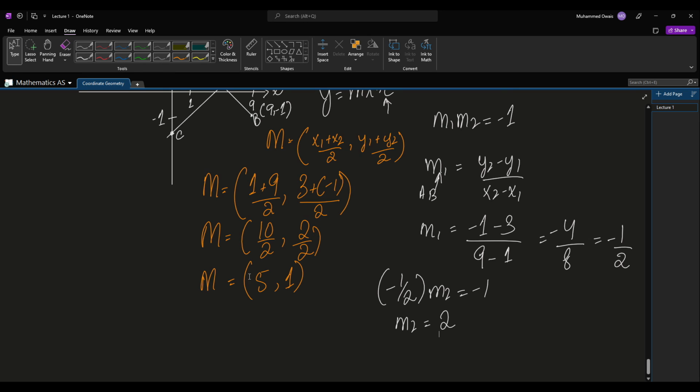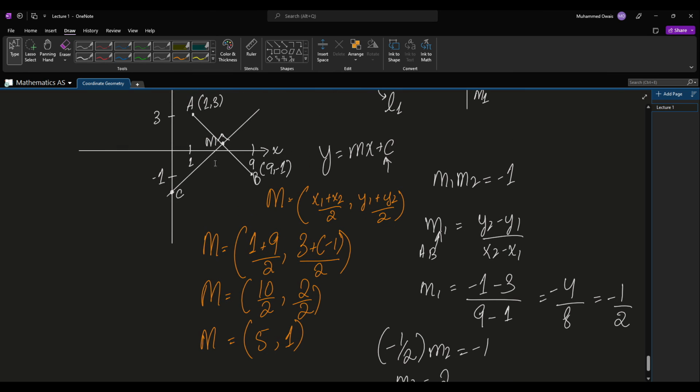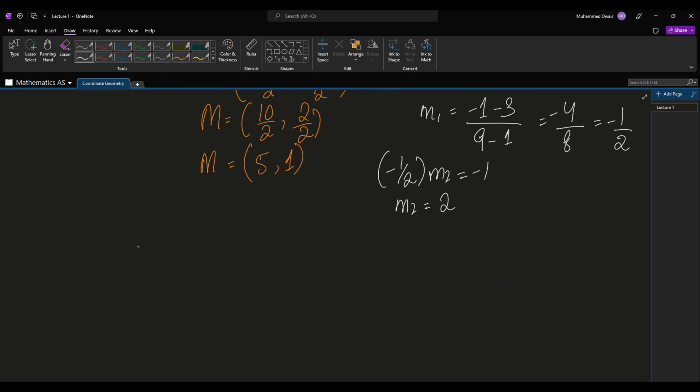Now we have a single coordinate and the gradient of the perpendicular bisector line. Now we can use this to find the equation of the line. So y is equal to mx plus c. Instead of y, I can write 1. In place of m, I can write 2.